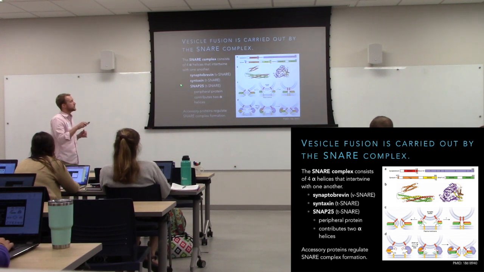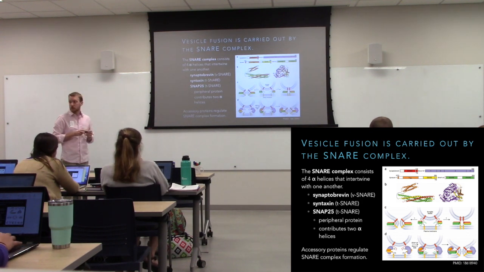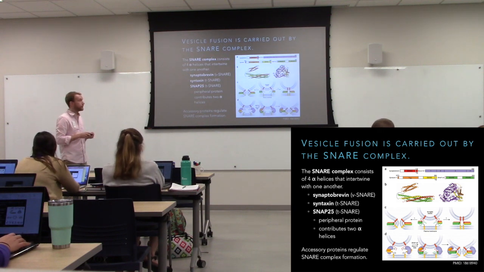There's a few different SNARE proteins that form what we call the SNARE complex. One of those SNARE proteins is going to be located on the vesicles. That's synaptobrevin. That's the V there, vesicular SNARE. And T would be target membrane. So the presynaptic membrane there in the active zone.